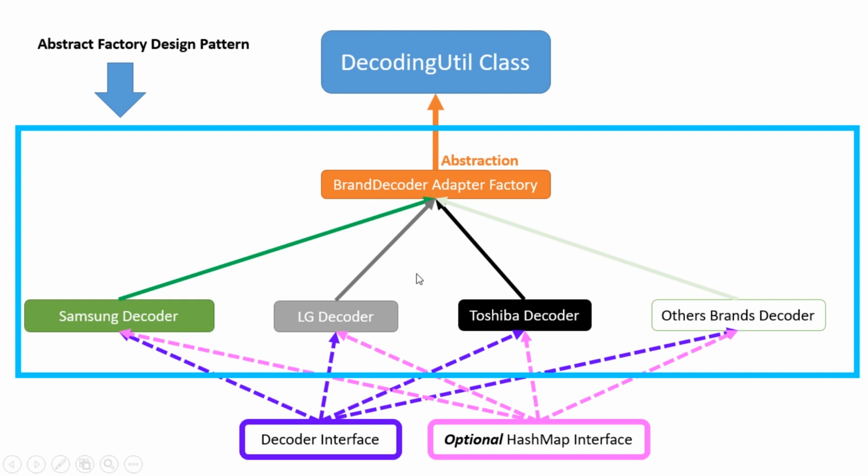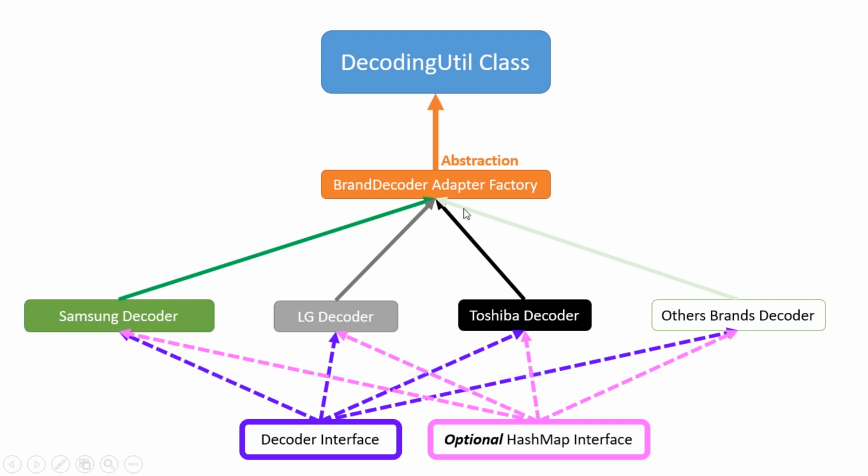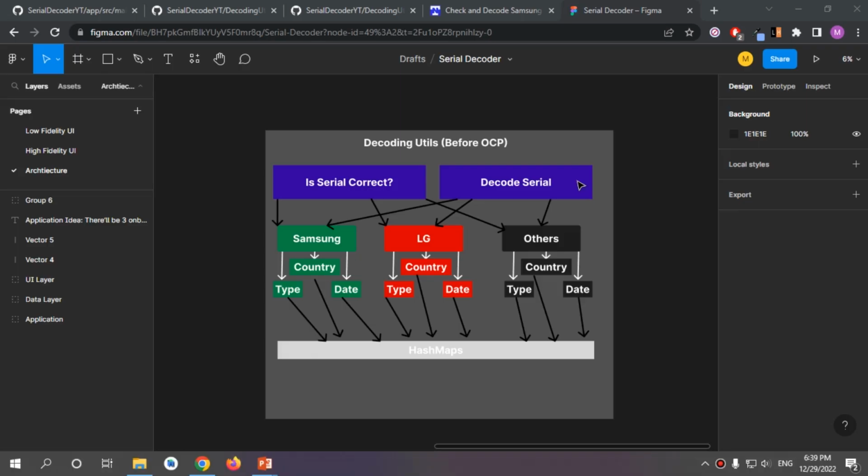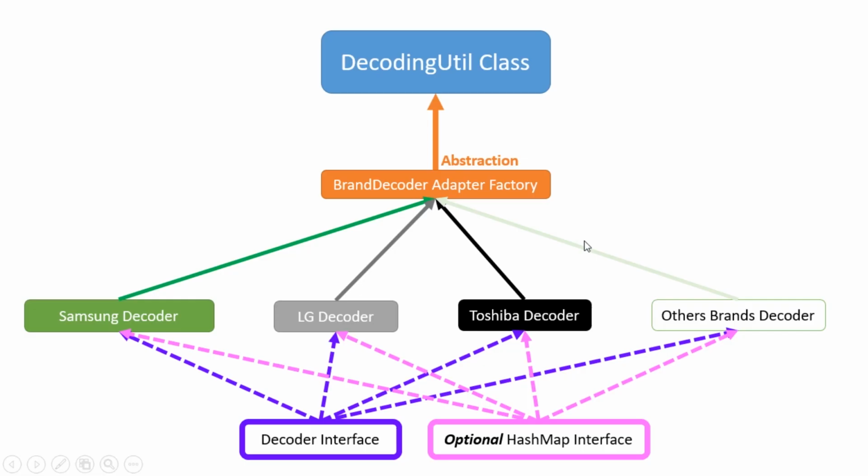By combining these two design patterns, we have this amazing diagram, which is much better than that messed up spaghetti code. So that's it for our diagram. If you have a better visualization than this one, feel free to share it and comment it down. But this is the diagram which I believe is going to be scalable and easy to implement, and we will see how it happens in action in code.